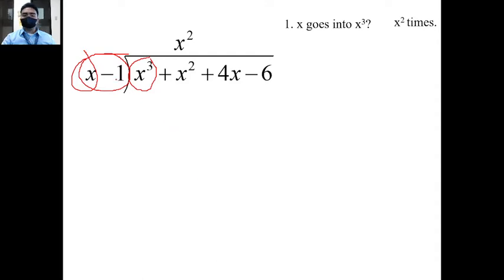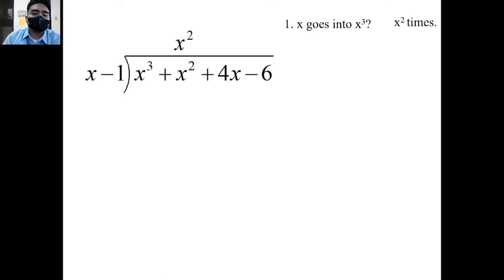We are not going to put the answer above that first term. That's the difference when you divide polynomials, because in the usual way, we place the answer where we got it. So in this case, we're going to put our answer on the term next to it.